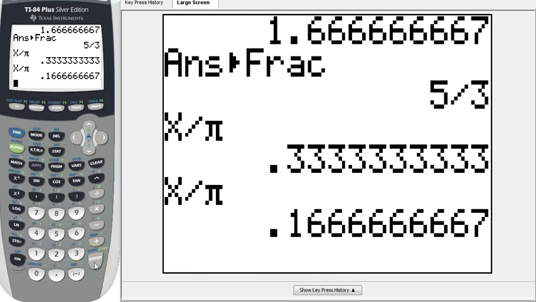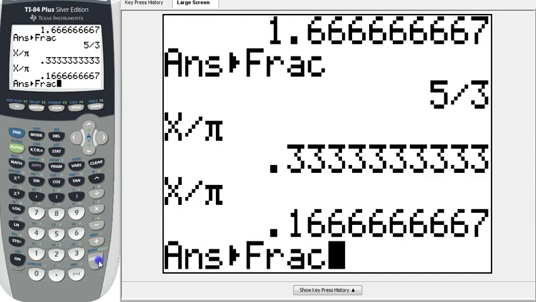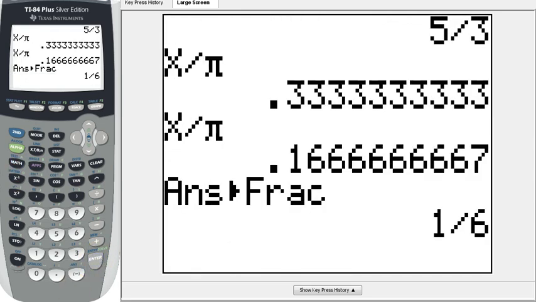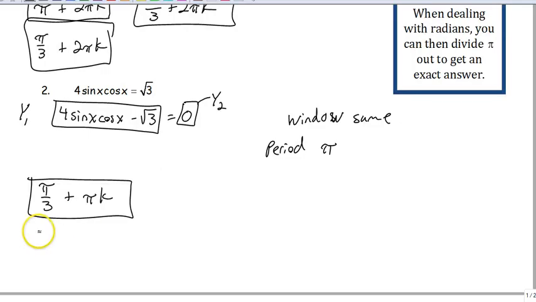Okay, and you get that. And hopefully you guys realize that that is pi over 6, but if you don't, you can just hit math fraction and get 1/6. And we can write that out. And since there was only 2 in one cycle, that's all we're going to care about. Because, yeah, you could have done all 4 and said 2 pi, but that's redundant. These take care of themselves as you keep going.